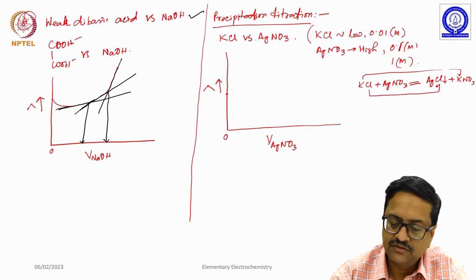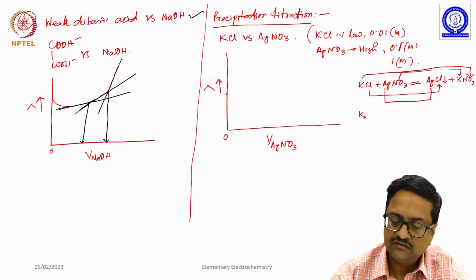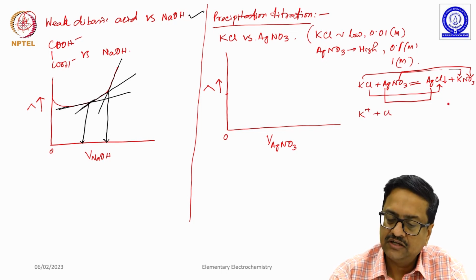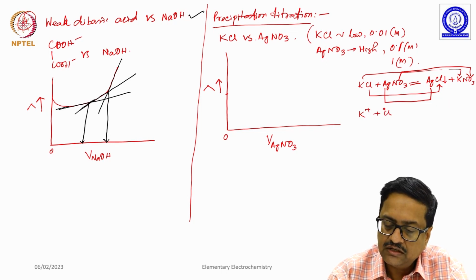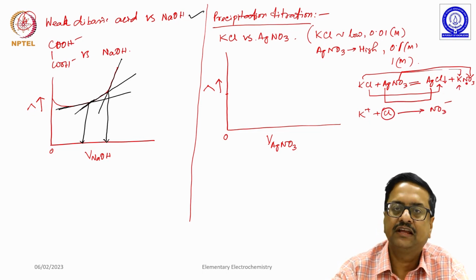Chloride gets precipitated, silver gets precipitated, nitrate is coming. That means in your solution which had K plus and Cl minus, after the experiment, Cl minus ions are replaced by NO3 minus ions, keeping the concentration of K plus the same.